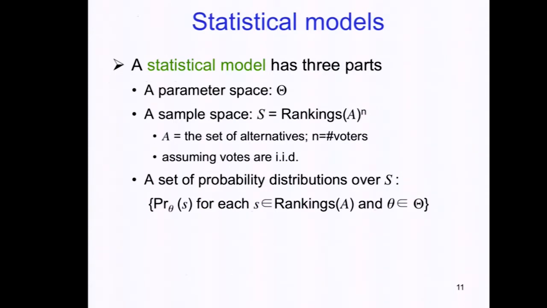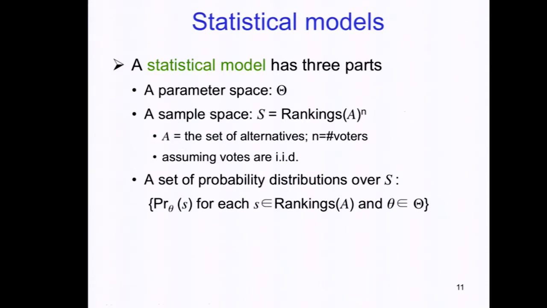The way statisticians model this world is that suppose the ground truth is theta, which you don't observe, then we have a distribution over the sample space. Mathematically, for every theta in the parameter space, we have a distribution over the sample space. Here it's compactly represented because we just specify the distribution over all rankings, and because votes are IID, the probability generalizes naturally to that case.